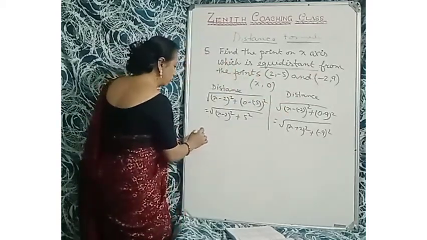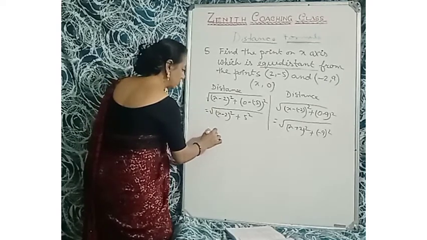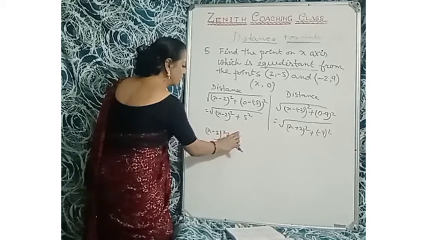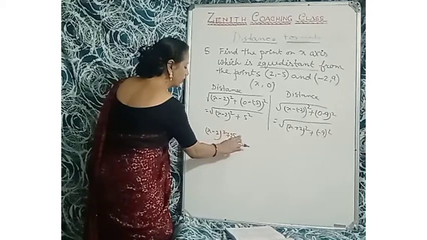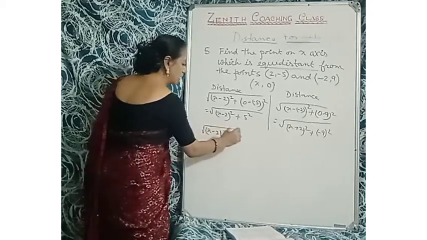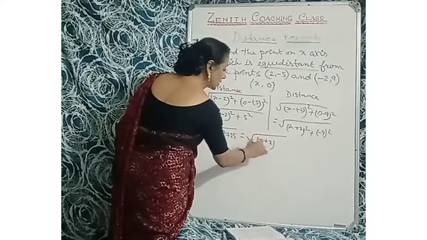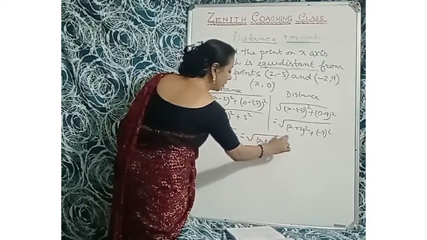So according to the problem, (x - 2)² + 5², I'm writing it as 25, equals (x + 2)² + 81.